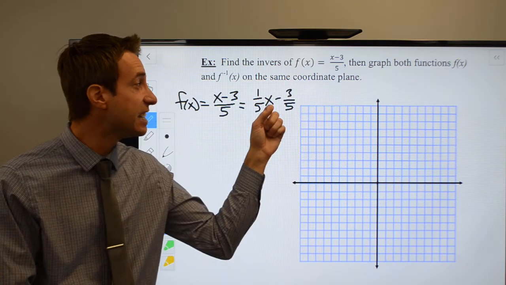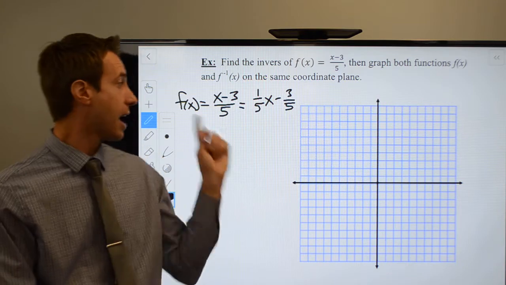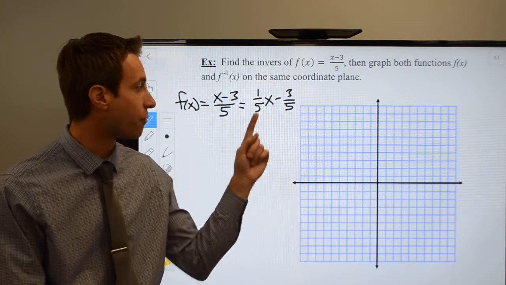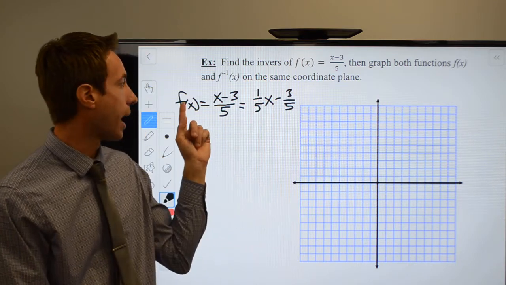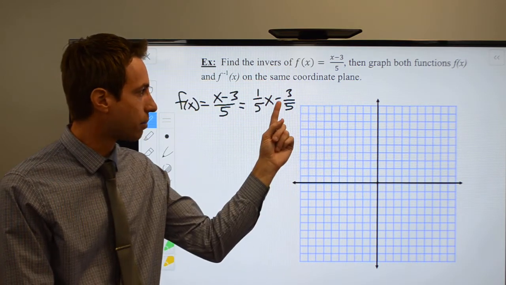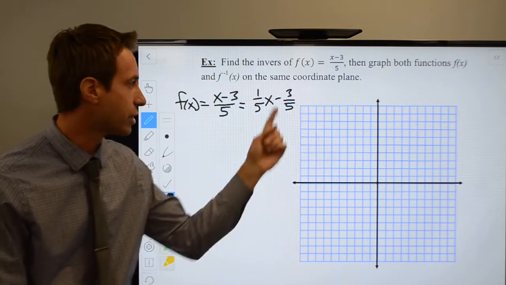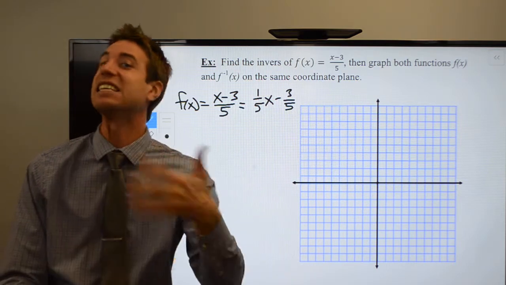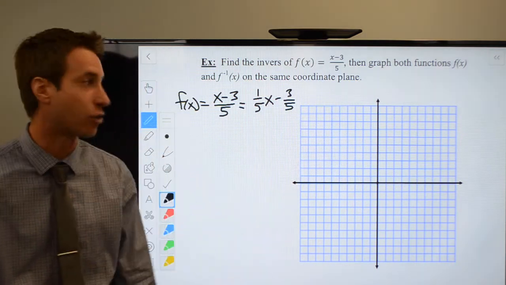All right, so that is the function that I've been given, f of x, and it's in slope-intercept form. F of x is y, equals mx plus b. My b just happens to be a negative number. Anyway, the point is it's in slope-intercept form, so I can easily graph that.